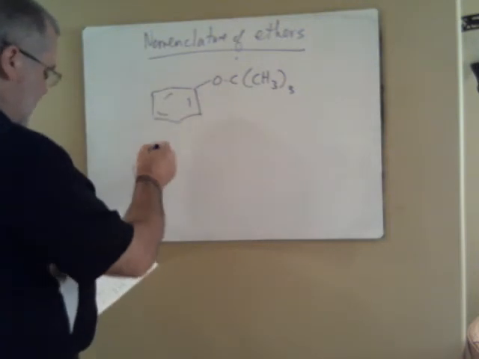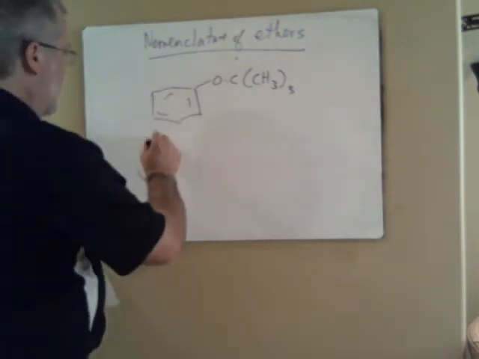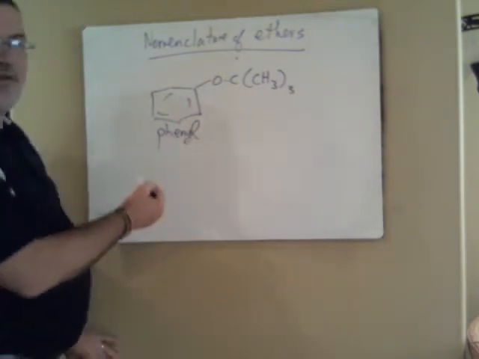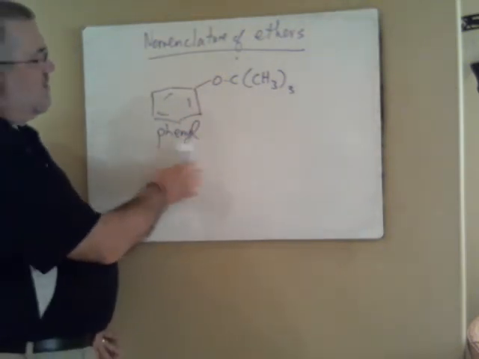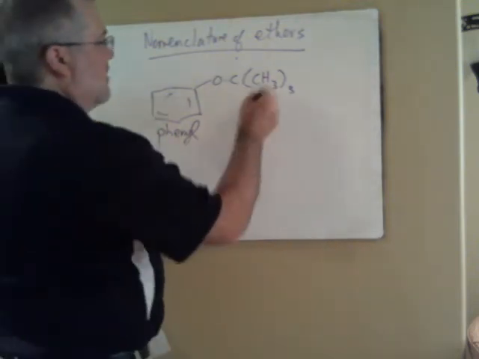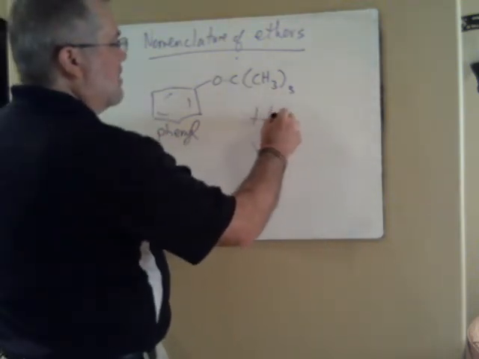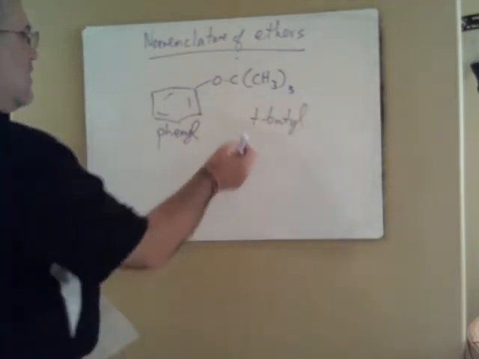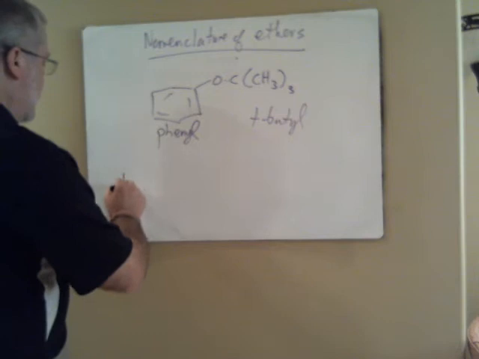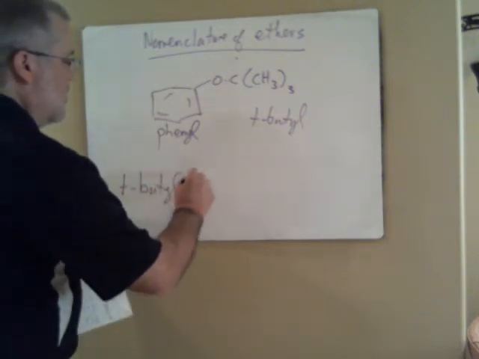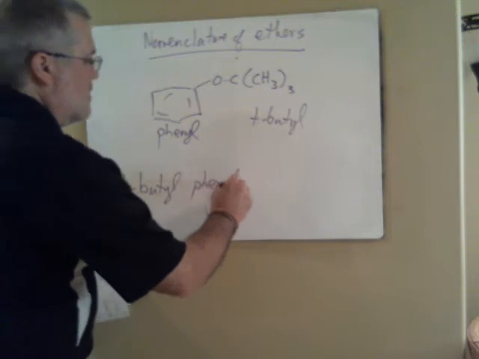So to name this, this is phenyl. Remember when we talked about the substituent name for benzene? Phenyl, derived from Faraday. And then this is a t-butyl, right? And so then alphabetically to put those together, it's t-butyl phenyl ether.